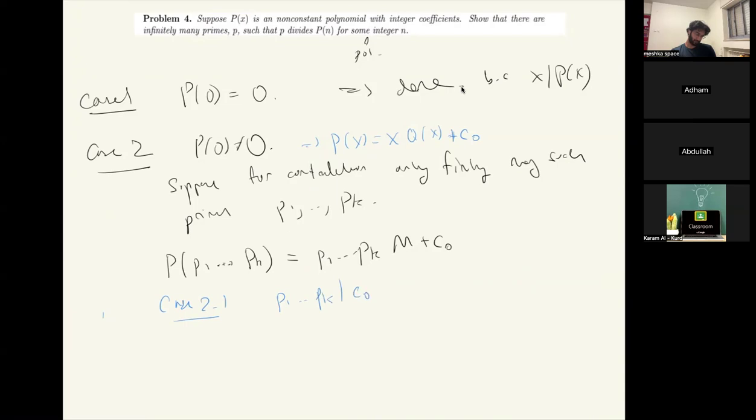So now you're saying I can pull this out and write it as m plus c0 over b1 up to bk, and this is some integer. Okay, so now what?